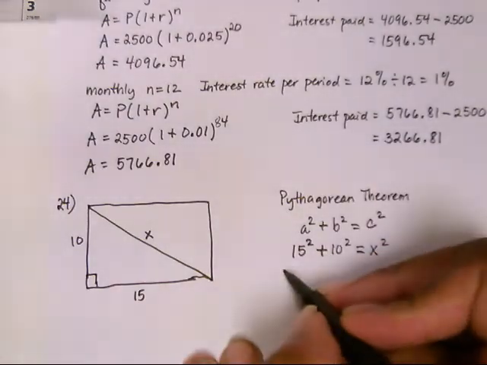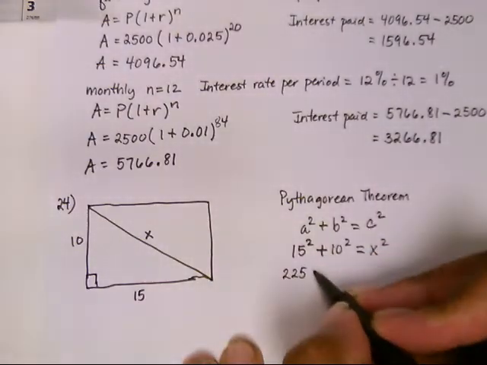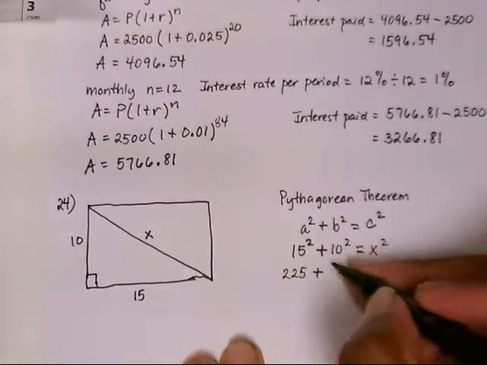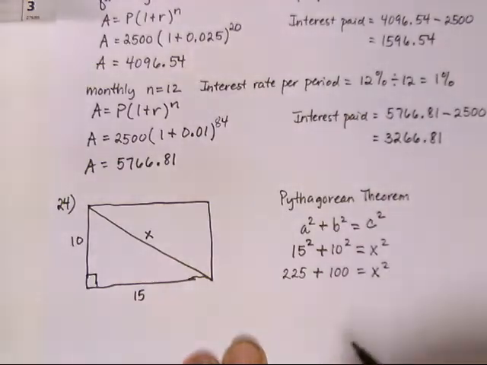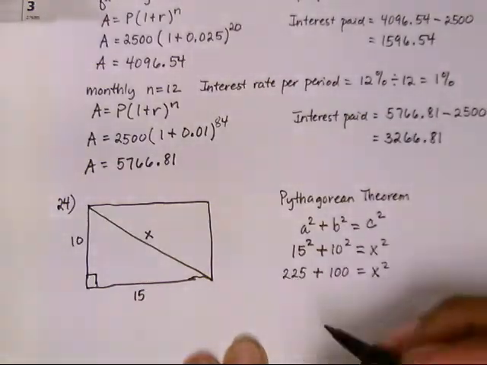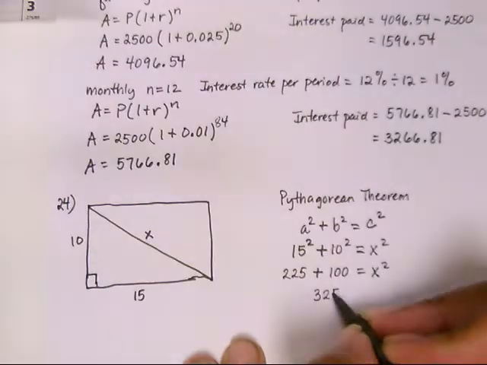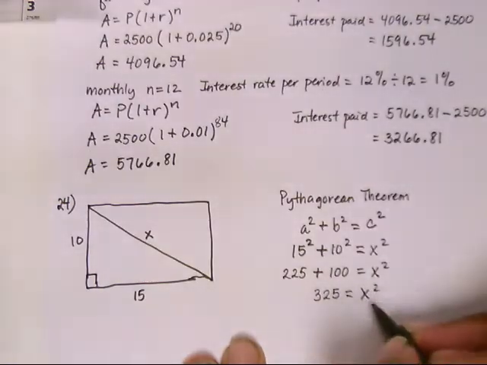15 squared is 15 times 15. That's 225. Plus 10 squared is 10 times 10. That's 100. Equal to x squared. Add 100 to the 225, you'll get 325. That's equal to x squared.